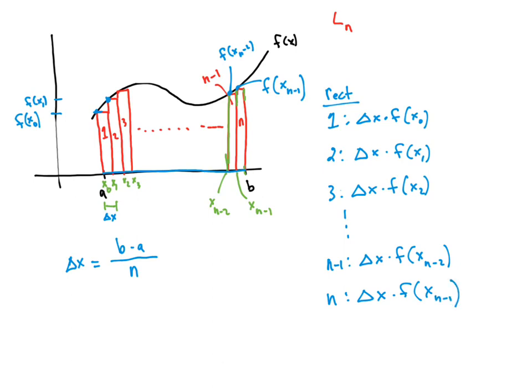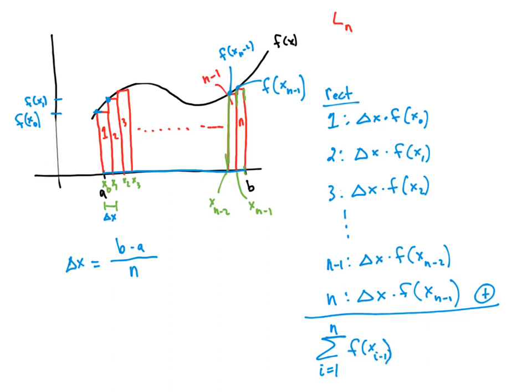All right, so what we want to do is add up all of these areas. That'll give us the area under the curve. So to sum all of these, we're going to use sigma notation. Our i value is 1, and we're going up to n. And what we want to say is f of x sub i minus 1.